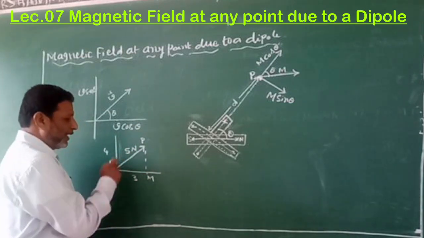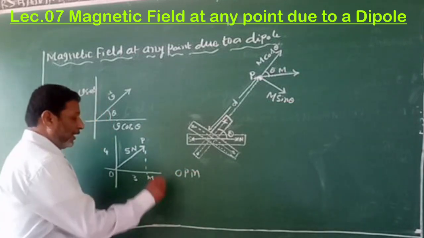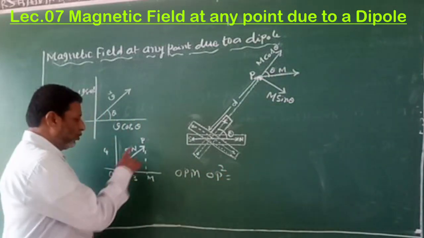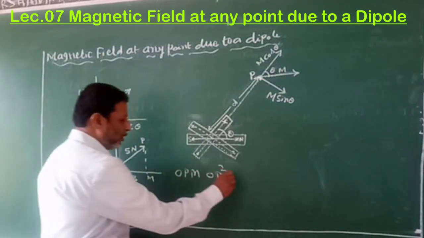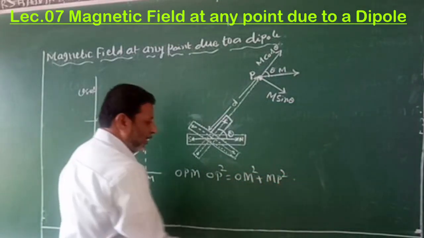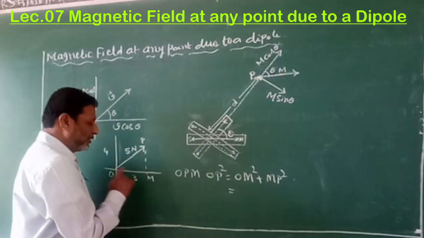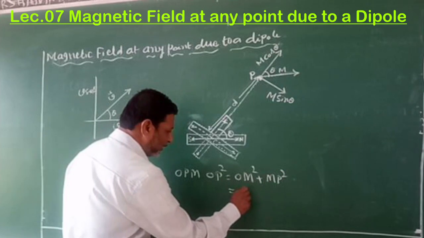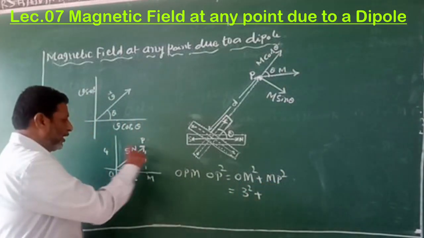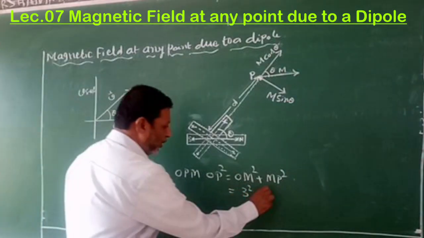Now, from this right-angled triangle OPM, OP square is equal to OM square plus MP square. OM value is 3, so 3 square plus MP, which is 4, that is 4 square.